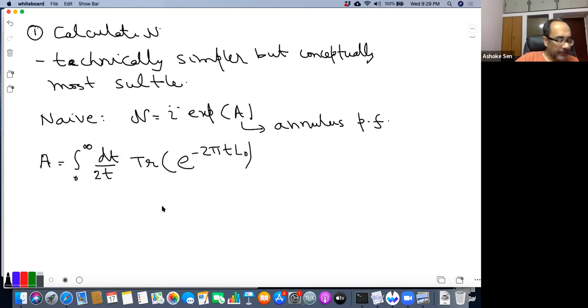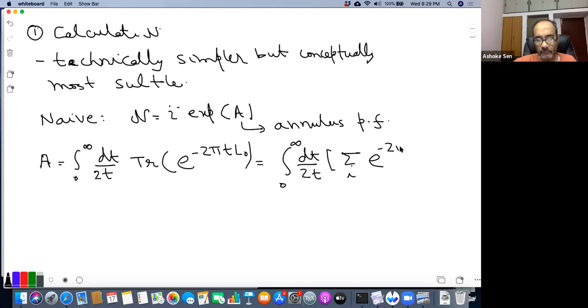So this I can also write as an integral.